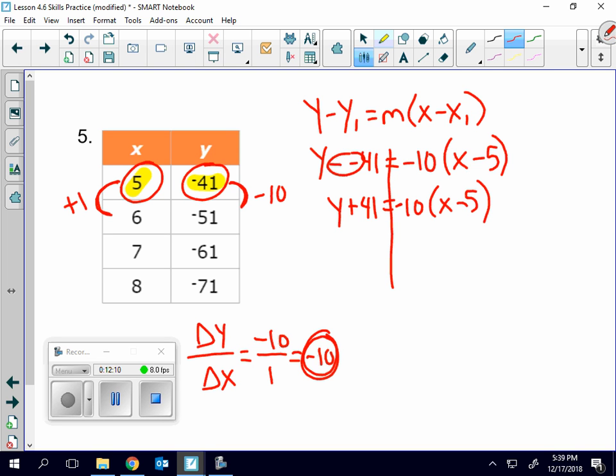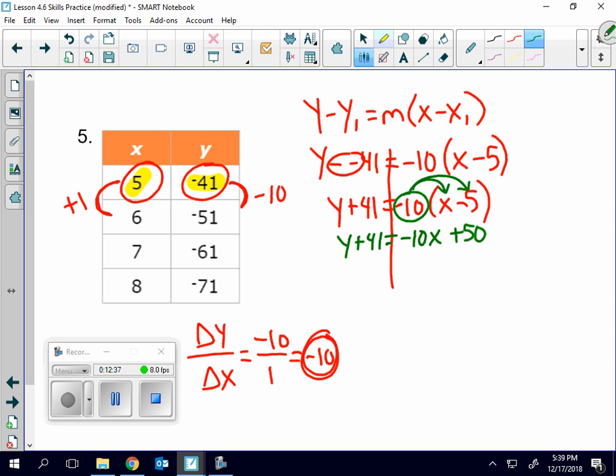And I'm going to distribute this negative 10. I'm going to circle it in a different color. Okay, this is a negative 10 being multiplied to these two things. So this is going to end up being a negative 10x, and a negative 10 times a negative 5 is a positive 50. And the other side stays the same.